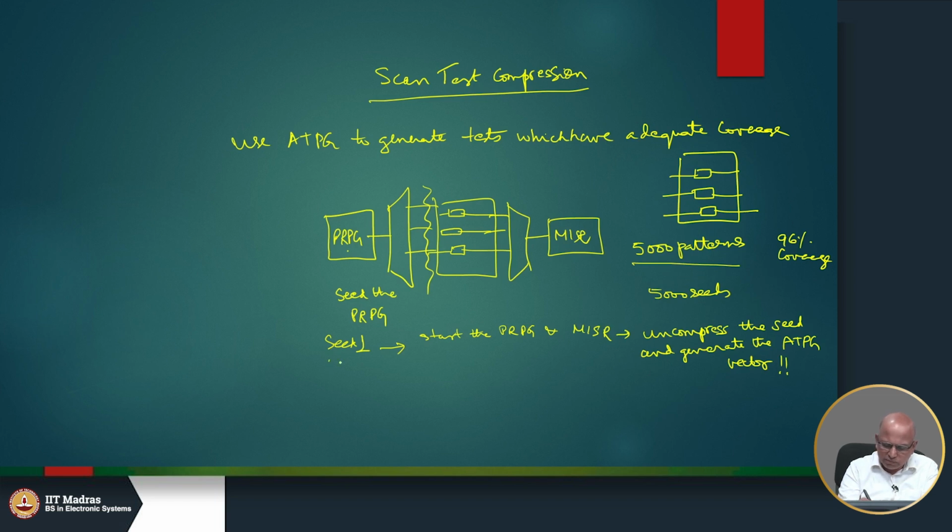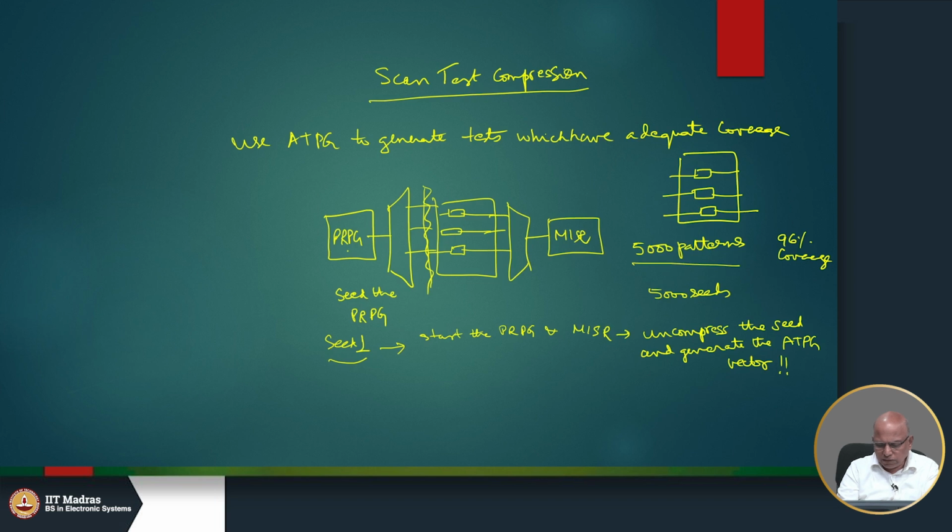The seed is usually very small. So the entire vector will take a lot of space. There may be several hundred inputs here. So loading hundreds of bits from the memory, right, will require a lot of effort and a lot of memory.